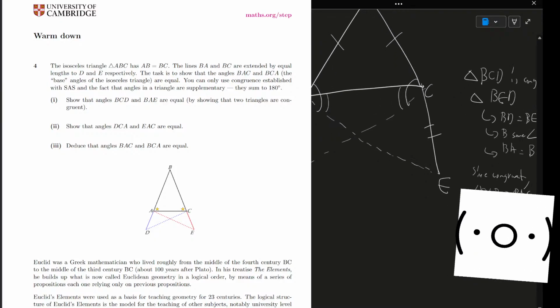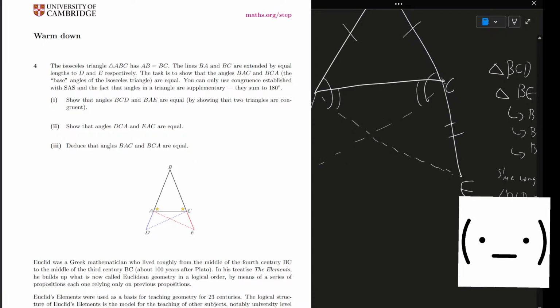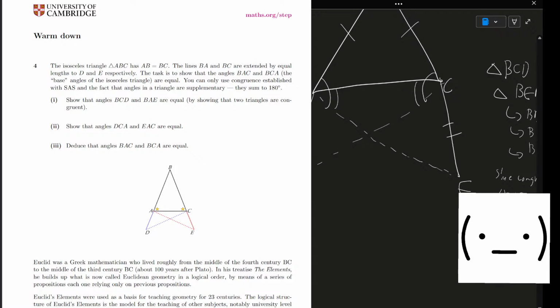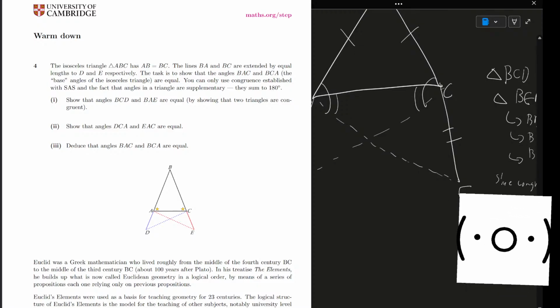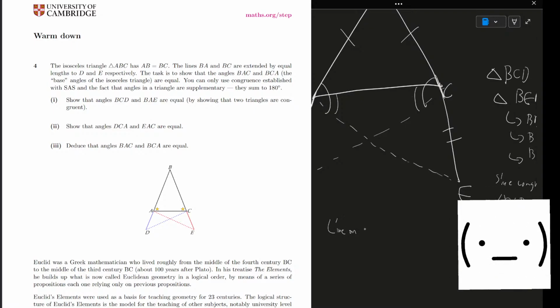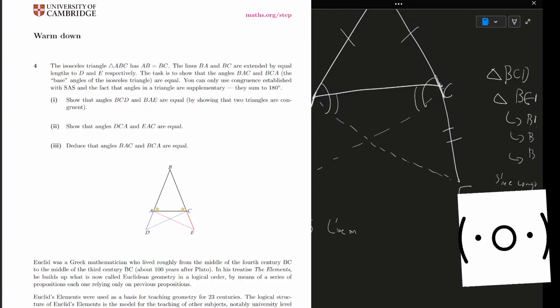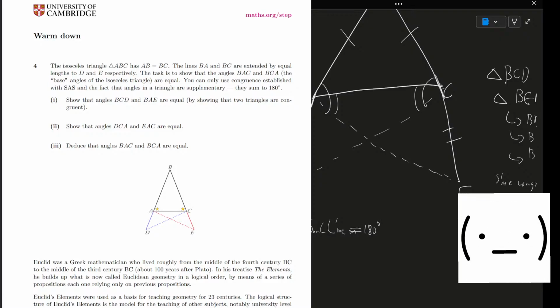Okay, so let's narrate this. The first thing that we might notice is that this is a straight line. This is a straight line. So that means angles on a line sum to 180.